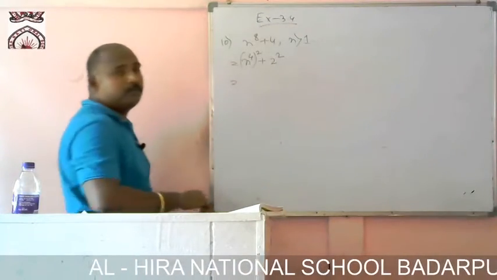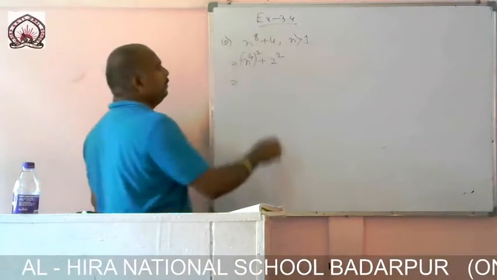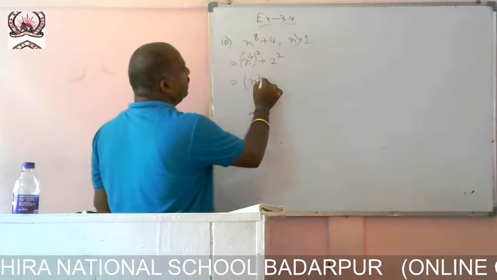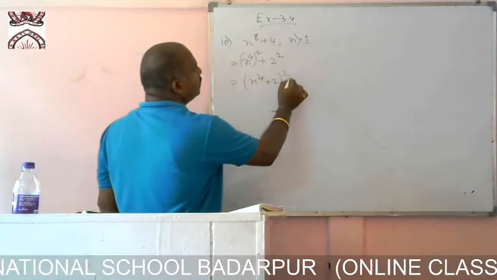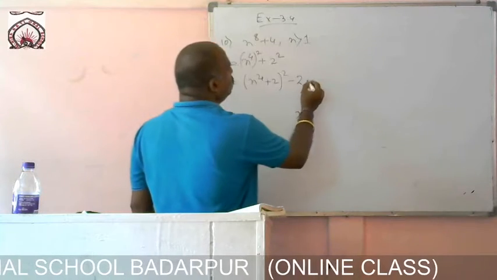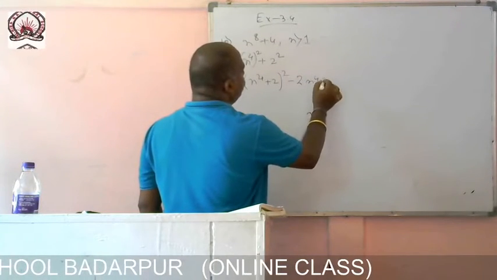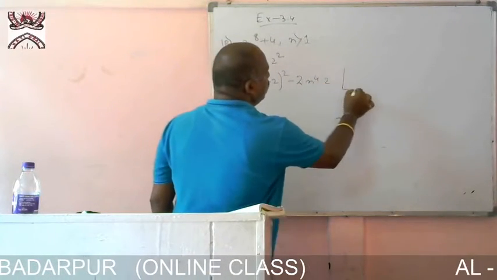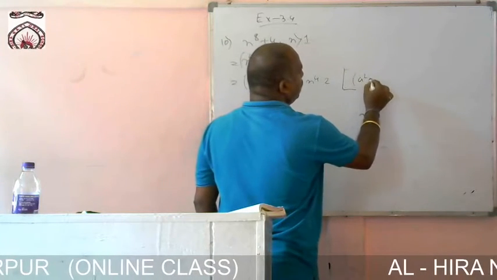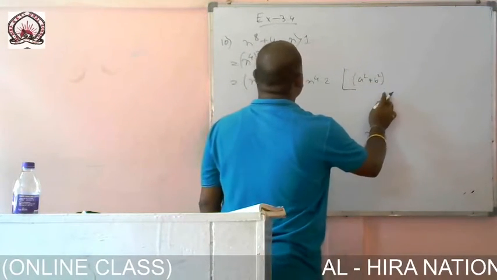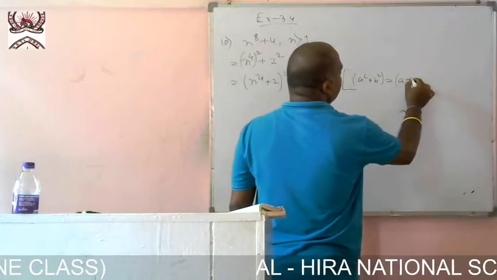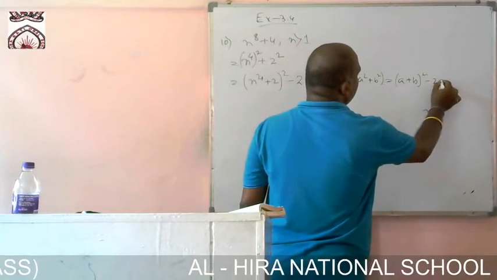This is nothing but the form of a square plus b square. Can I write (n to the power 4 plus 2) whole thing squared minus 2 into n to the power 4 into 2. Now we are applying this formula: a square plus b square is nothing but (a plus b) whole thing squared minus twice ab.